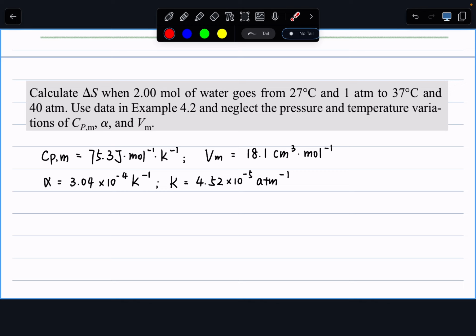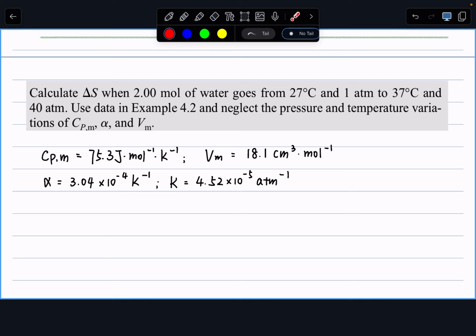So let's say my first step, I want to keep my pressure not changing, so isobaric, temperature increase to T2, which is 37 degrees Celsius. So we get it to my P1 still equals 1 atm, and my T2 equals 310 Kelvin.